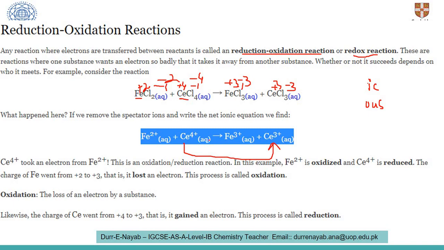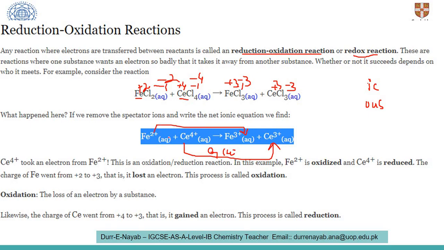This gives you an idea there is a gain of one electron by cerium. So cerium changes from +4 to +3. In the iron case, iron changed from +2 to +3.